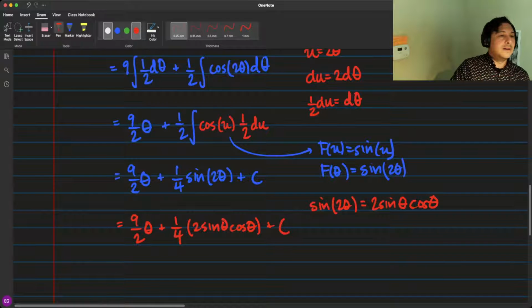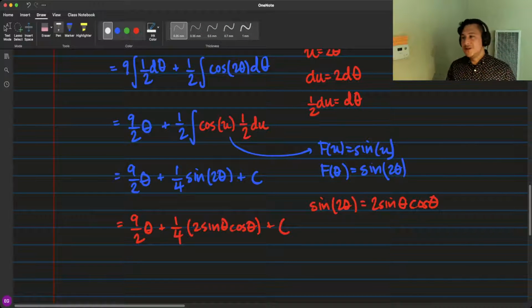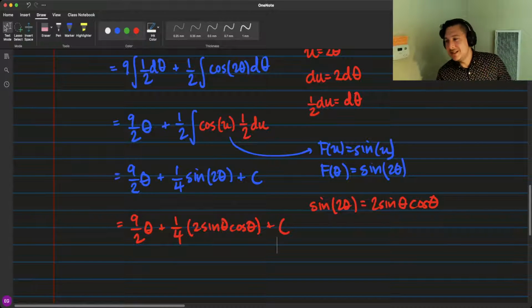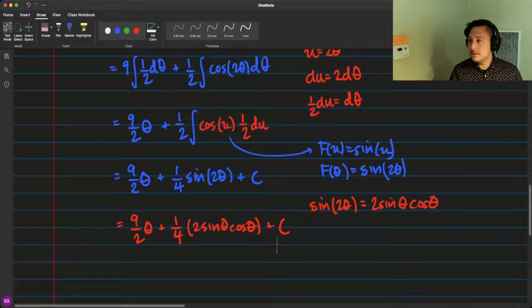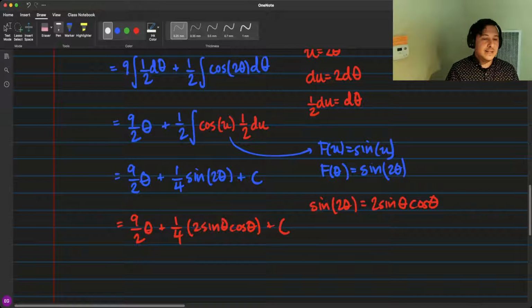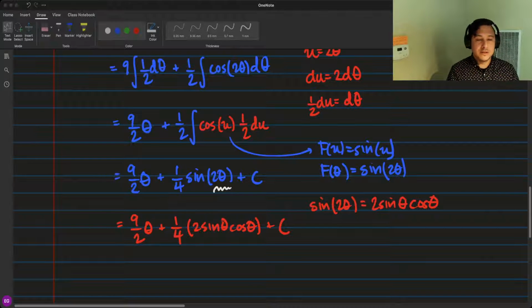Now, what was the original substitution that I made to get to my thetas? This is not the original substitution, the actual original substitution.